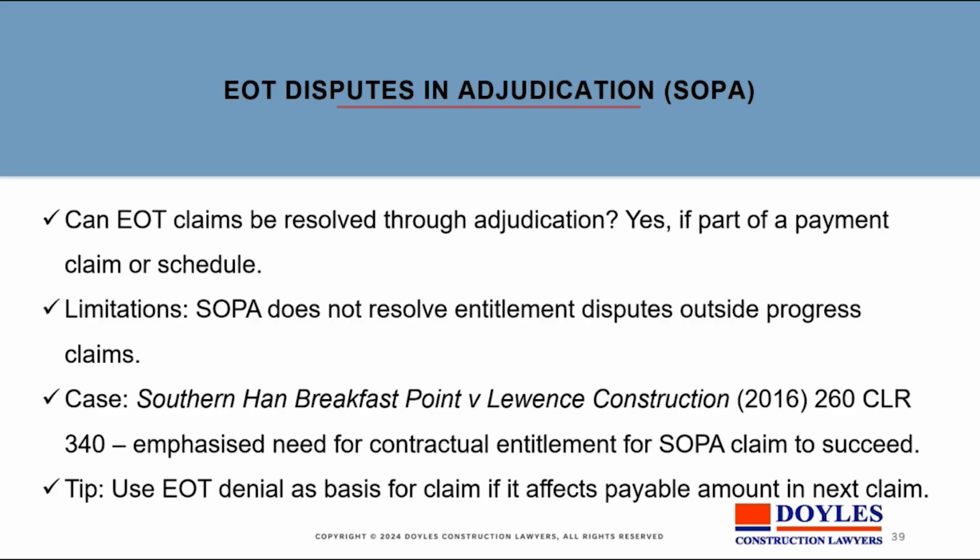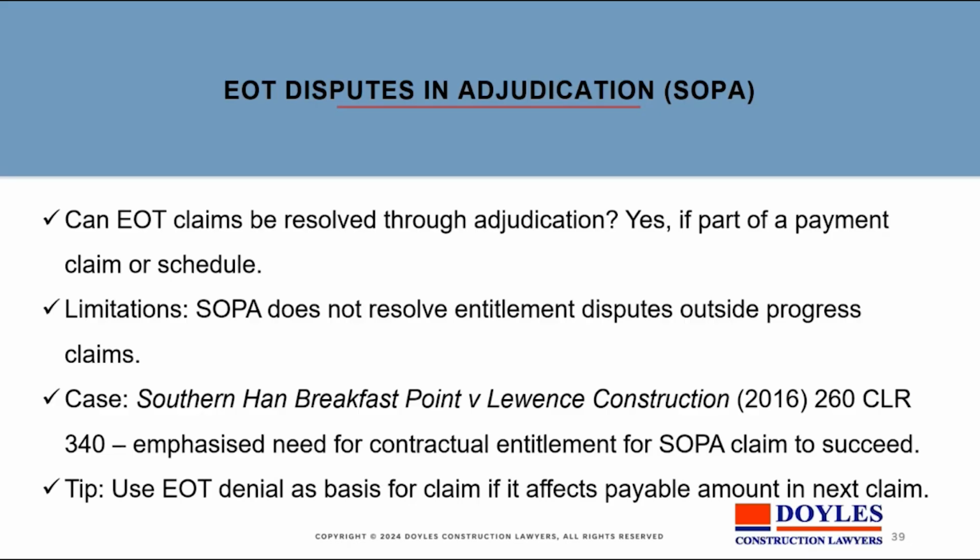Ideally, for the contractor, he would like to have a situation where there is an entitlement to get delay costs. It's not a claim for damages, because a claim for damages won't work in SOPA, but it's a clear provision that if I'm delayed for these days, then I should get this amount per day, and that amount is an amount that I can claim.